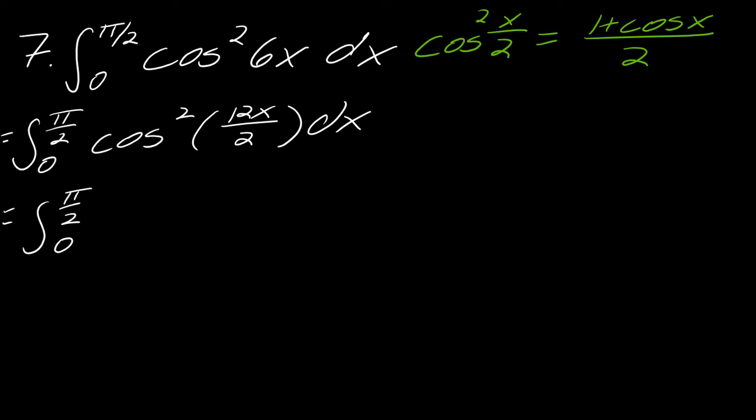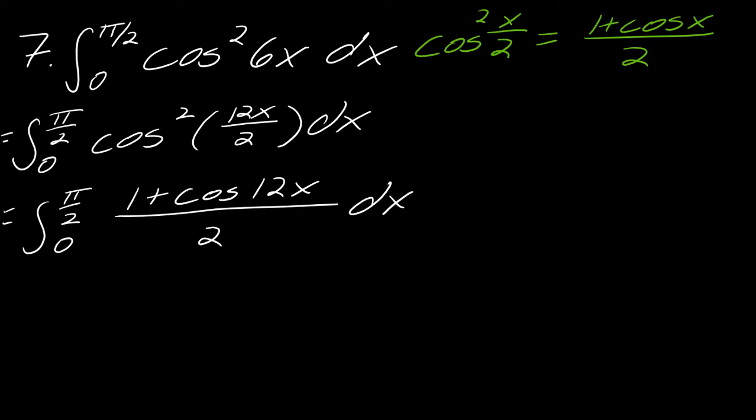So now I can rewrite this as 1 plus cosine of 12x, all of this over 2. And by the way, make sure that you've got your dx in each step of the problem. That's a really common thing I notice students miss, and then they tend to lose points for that.